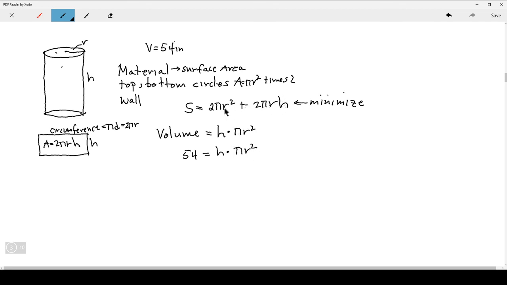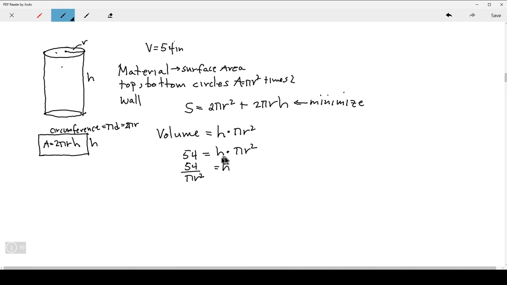I have a choice of getting rid of either r or h. Because I have an r squared and an r, we can't get rid of r, and I only have one h. So I want to take this equation and solve it for h. So h is going to be 54 over pi r squared.